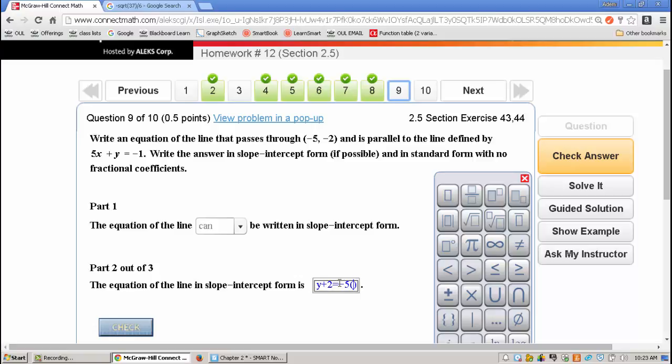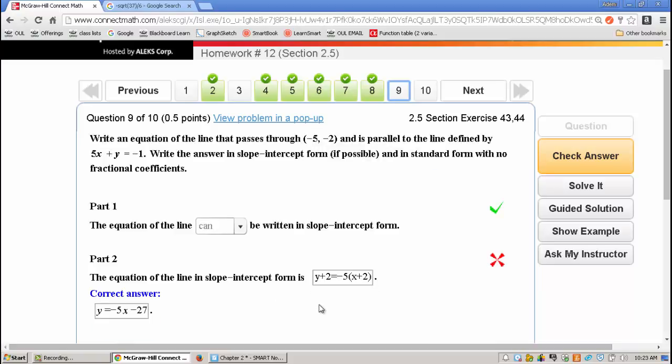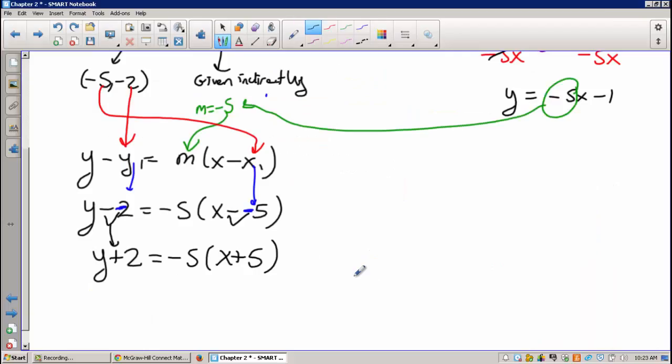This is the slope intercept form, right? Yes? Let's see. Oh, I made something terrible. It's wrong. Why is it wrong? I just found it.